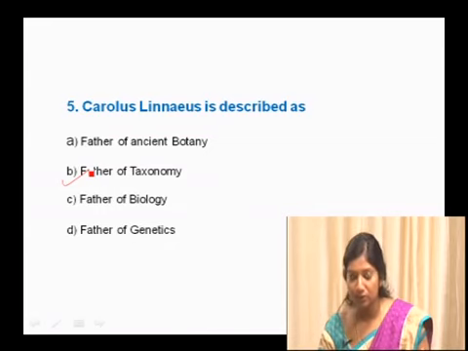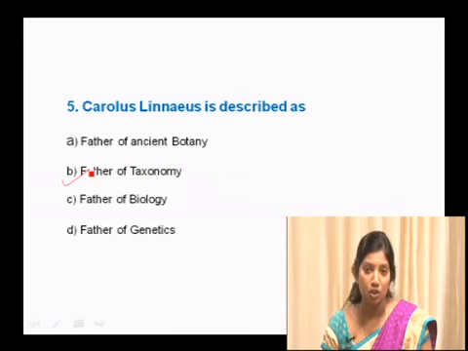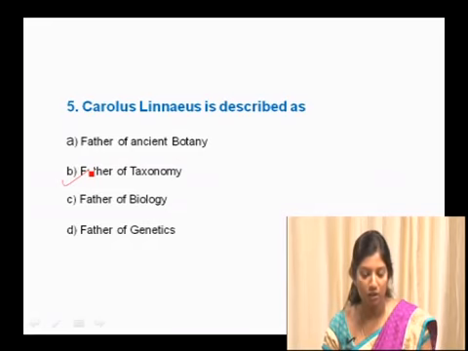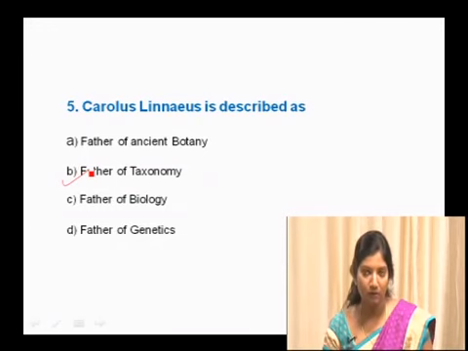Along with this, I would like to also tell you who the others are: Theophrastus is father of ancient botany, father of biology is Aristotle, and father of genetics, as you all know, is Mendel. So the right option is B, father of taxonomy.